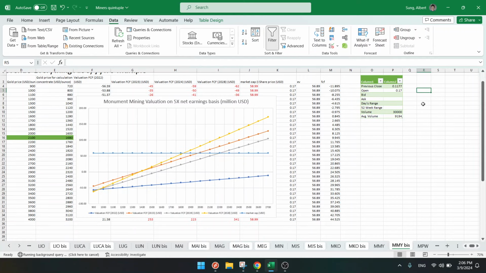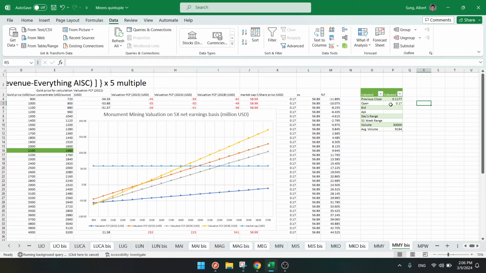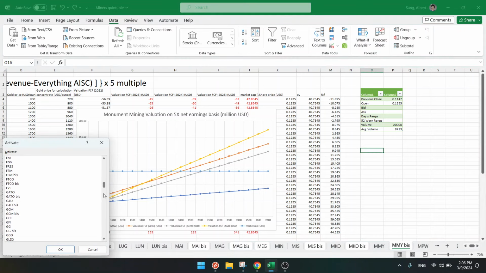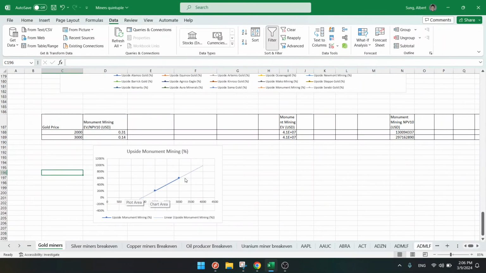Yes, it has been updated back to 0.12. And it has been fully automated again, and this chart has updated again. So the upside currently is almost 300%. If gold keeps on going up, upside is 400%.